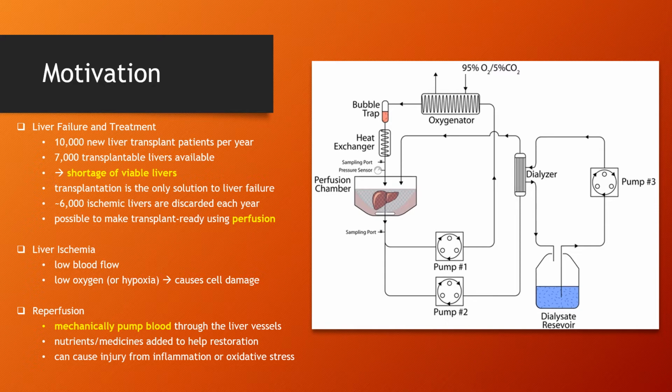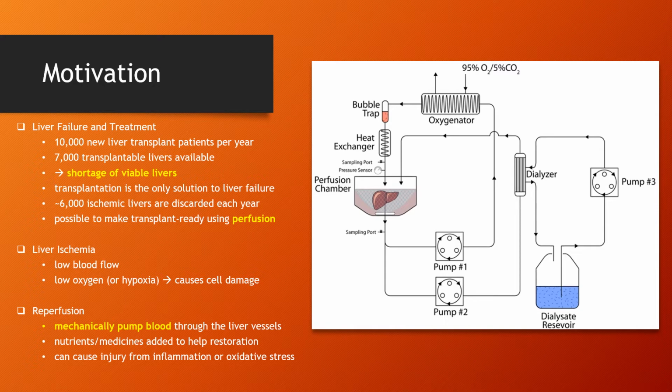Liver ischemia is simply low blood flow through the liver. This in turn can cause low oxygen levels or hypoxia, which can damage cells. Reperfusion is just the mechanical pumping of blood through the liver blood vessels.